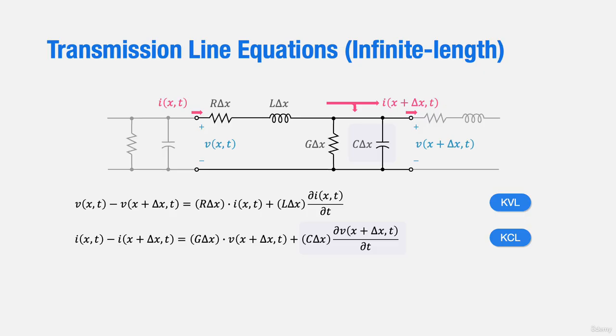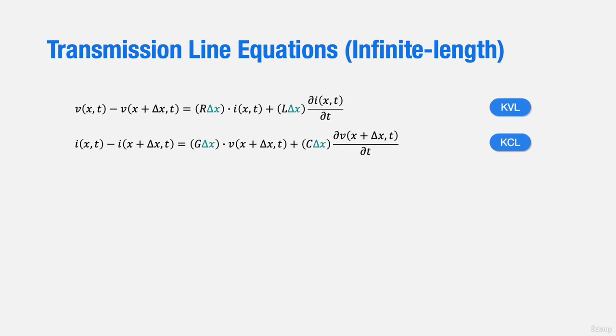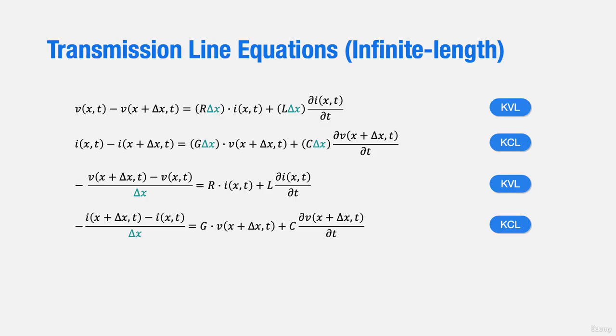Our goal now is to use these two equations to determine the relationship between the voltage and current waves at position x. Since we are talking about a small line segment, its length is delta x. Both equations have delta x in them, so we can move delta x to the left side of the equation and rearrange the terms.